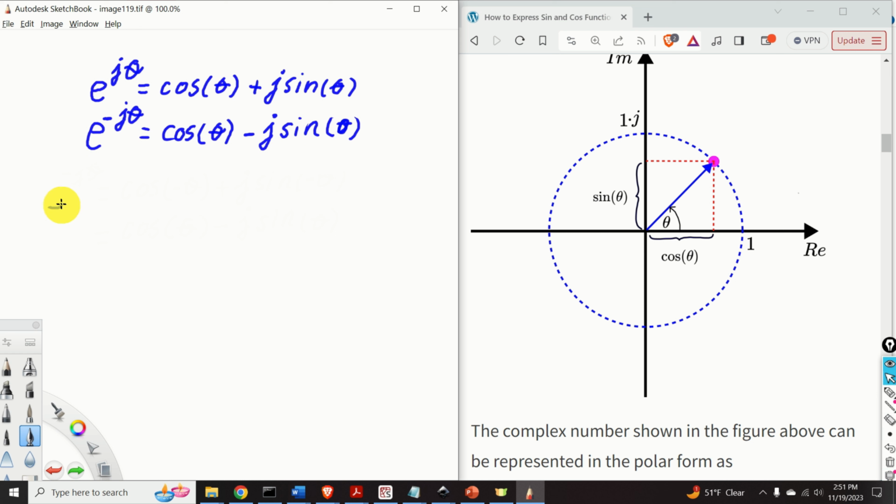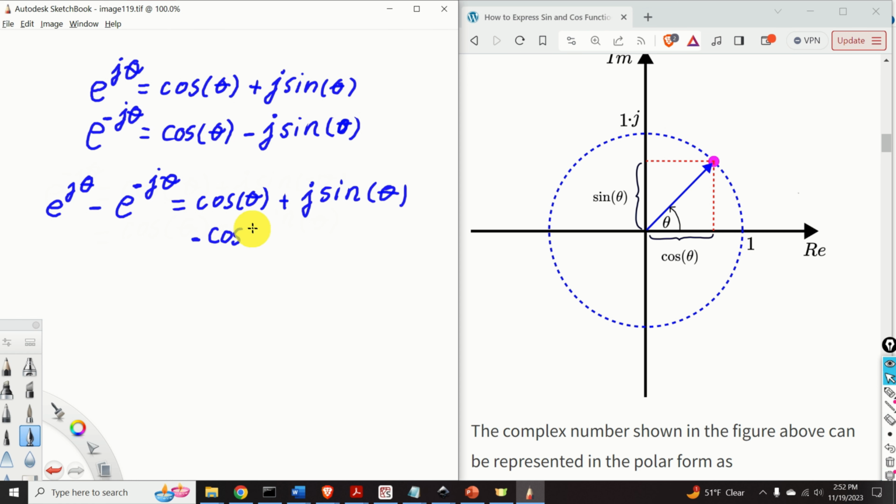So let's do that. e to the power j theta minus e to the power minus j theta from these two equations is, let's see, we have from the first equation cosine theta plus j sine of theta, and from the second equation I have minus cosine of theta, and over here I have minus, and this minus gives plus, plus j sine of theta.